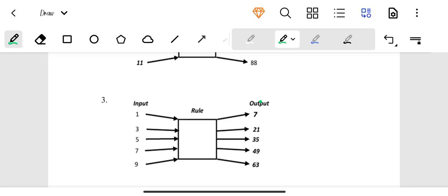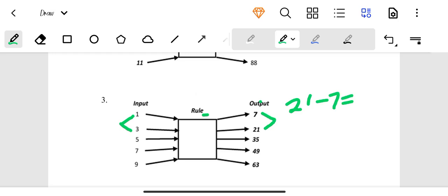Jumping to number 3, we can see that we are given the input and the output, but not the rule. What do we do? We check the difference between output number 1 and number 2, and the difference between input number 1 and number 2. The difference between the outputs is 21 minus 7.